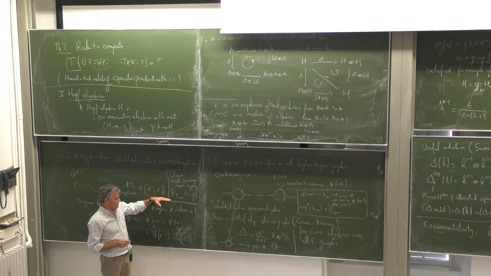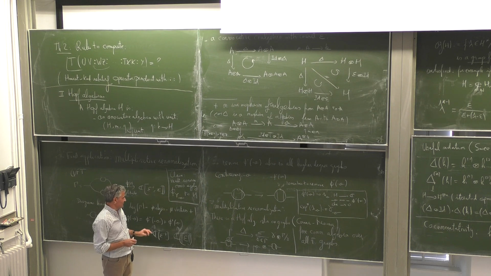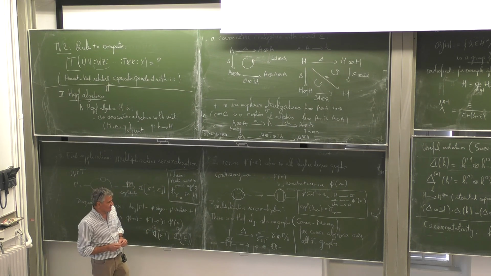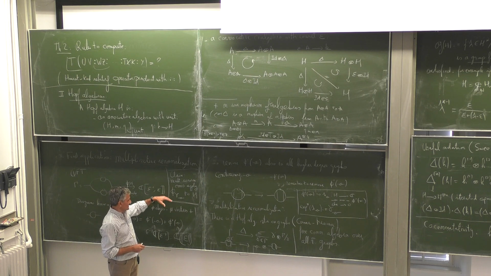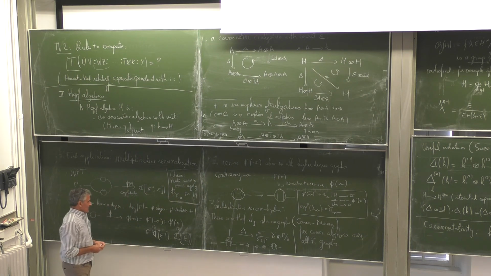What is nice with this construction is that really it depends essentially on nothing. It just depends on the idea of recursion on the degree of graphs. You're going to apply this construction iteratively, taking higher and higher graphs. And this will allow you to normalize the theory at any order in perturbation theory recursively, which is what people did with multiplicative renormalization.